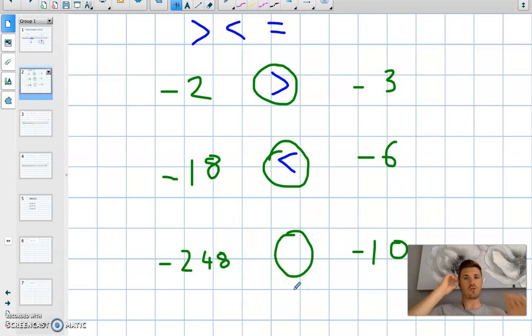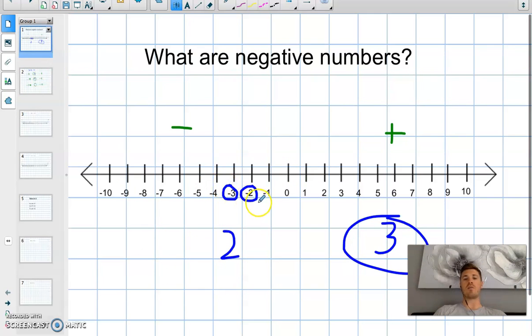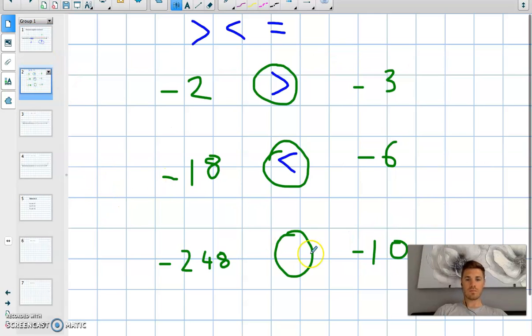And I've put a real extreme one here, really to get it across to you that the lower you go down the number line, whether you're looking at a horizontal number line or one that's been rotated, a vertical number line, it doesn't matter, it's still the same thing. -248 is much further down the number line than -10. So -10 is larger than -248. Okay, I hope that makes sense.